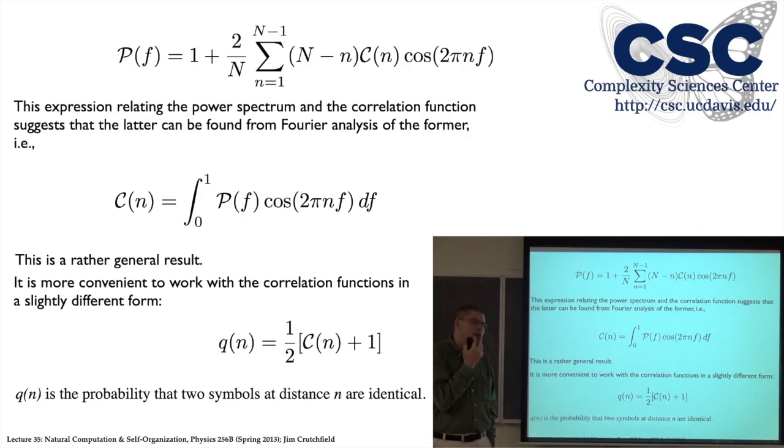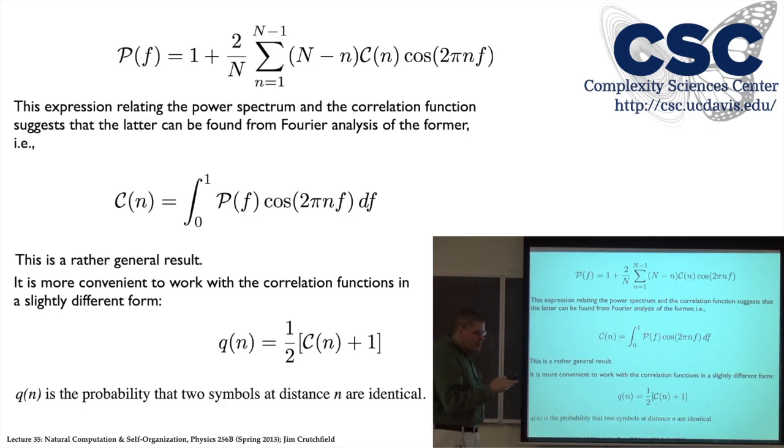So even in the case of the fair coin, you have on average a certain amount of signal, and that can be considered as either period 1 or infinite wavelength, which is at 0. So even in that case, you have a delta function at 1. If you have ones even more often, then you'll have an even higher delta function.